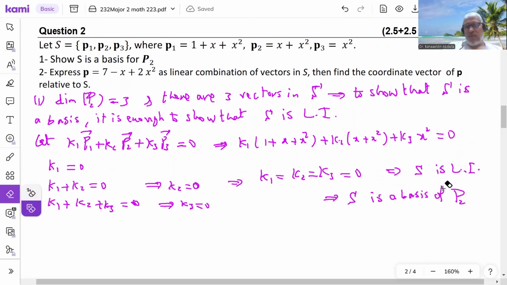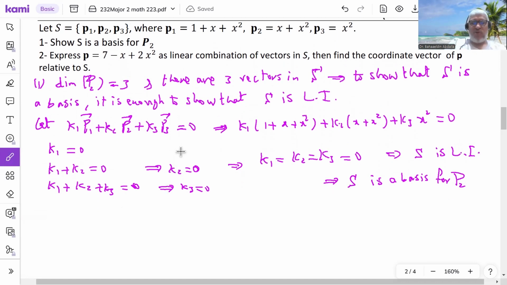Now, this is one way to prove it. You can prove this in many ways because this is a system. You can find the solution of the system using Gauss-Jordan elimination.